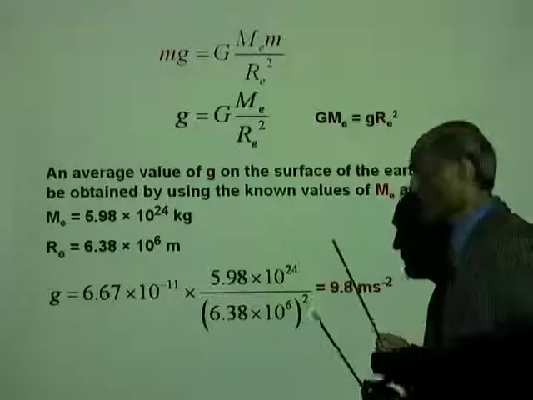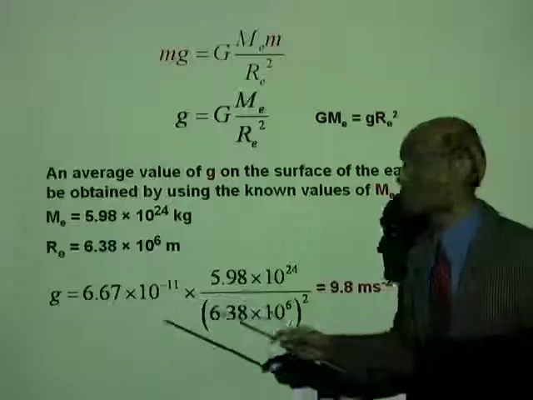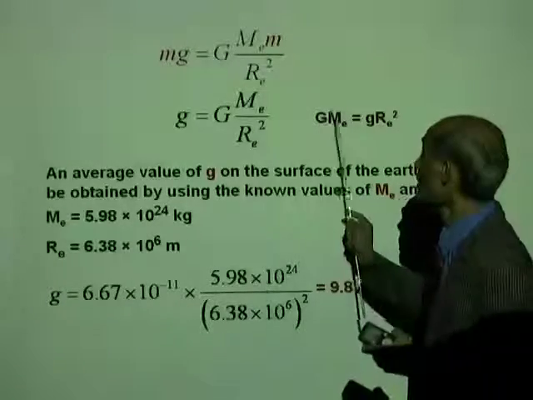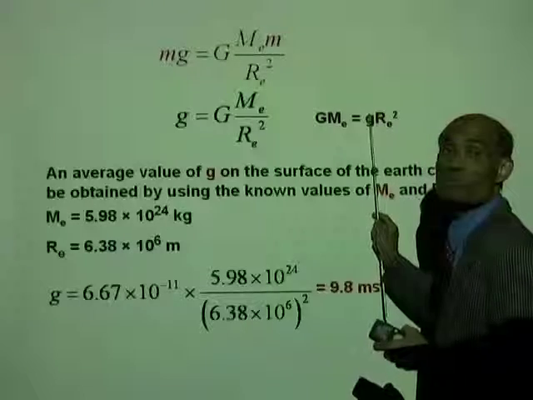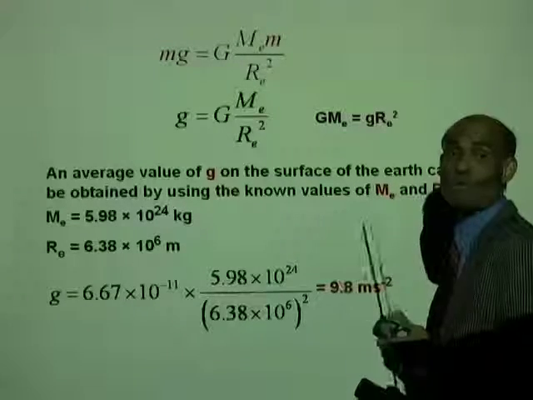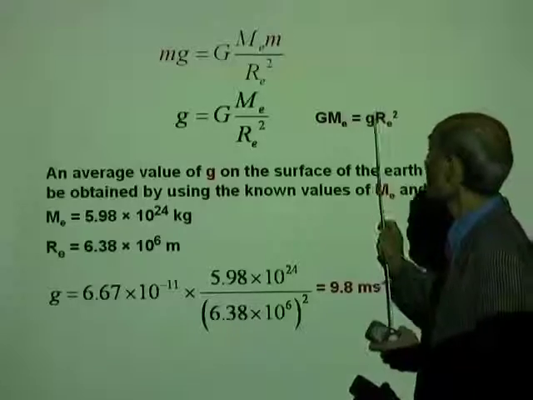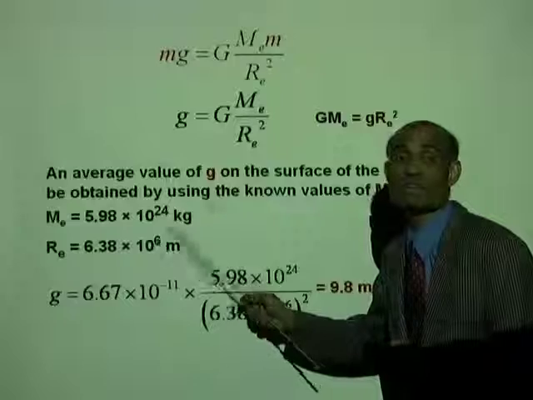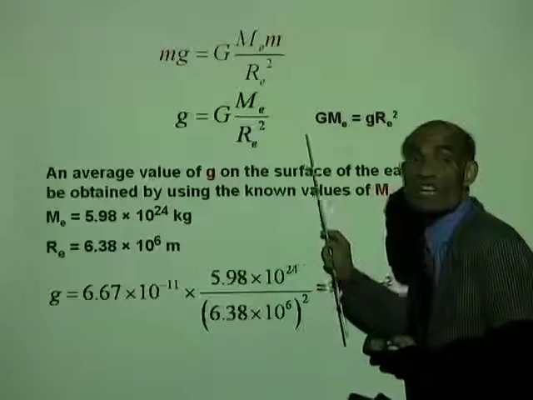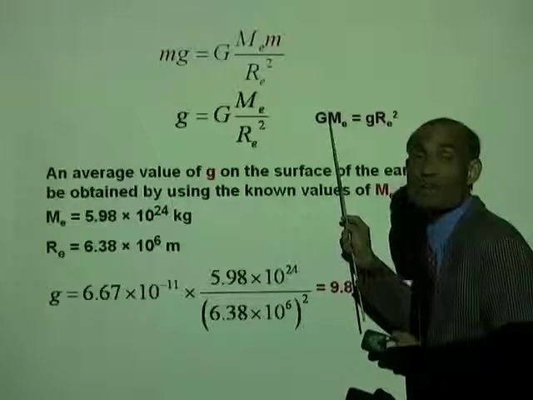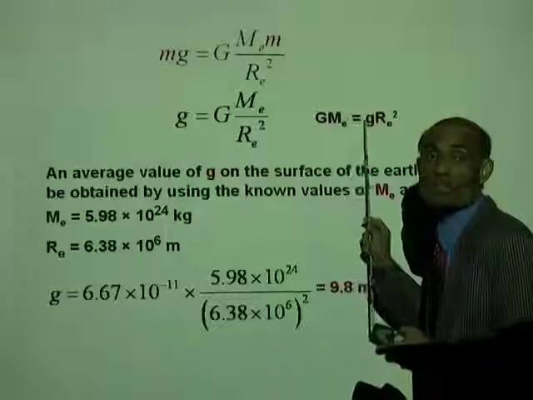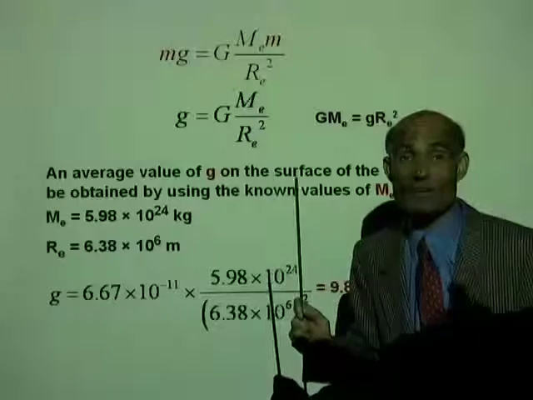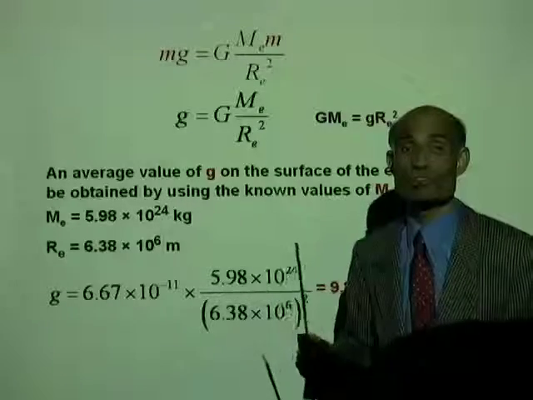So this is the average value of acceleration due to gravity on the surface of the Earth. So this g can be replaced by 9.8 meter per second squared. The radius of the Earth is 6.38 times 10 to the 6. So wherever we need big G times the mass of the Earth, we can replace that by small g times RE squared. I will ask you that a little later, so don't forget that.